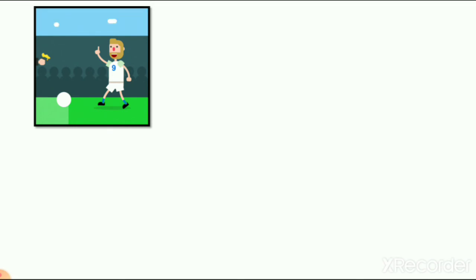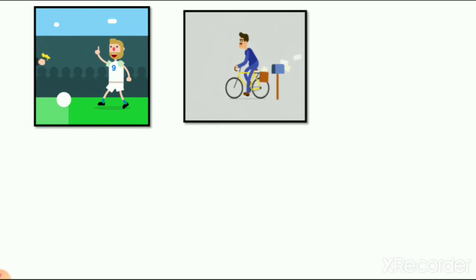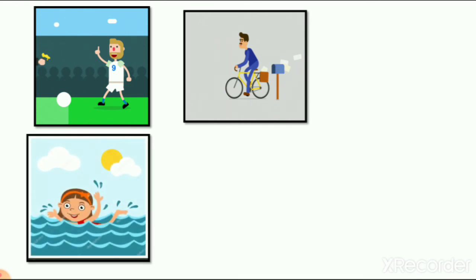Then next, one postman is going on a bicycle. So we do cycling with the help of our legs. Then swimming. Swimming is one of the activities in which we use our legs and hands also.